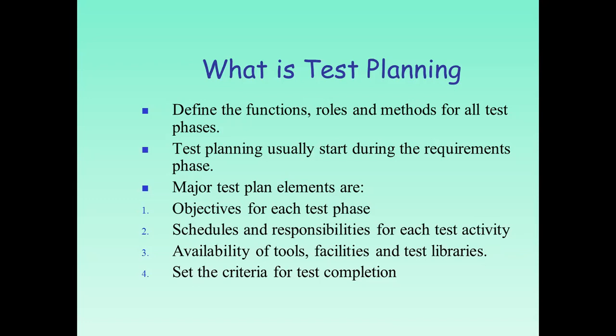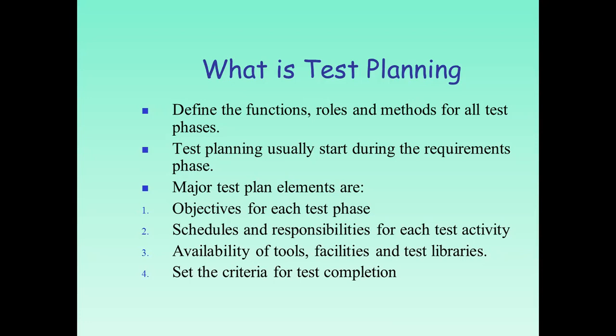During test planning, it usually starts during the requirement phase. So at the primary level, first we will check what the requirement is. And the major test plan elements are objectives for each test phase. So first we will check the different objectives for each test phase, because there are a number of phases for testing too, like the design phase, which again is divided into a number of phases.